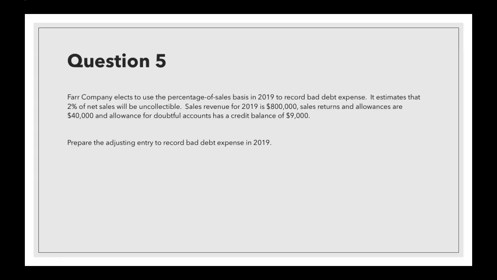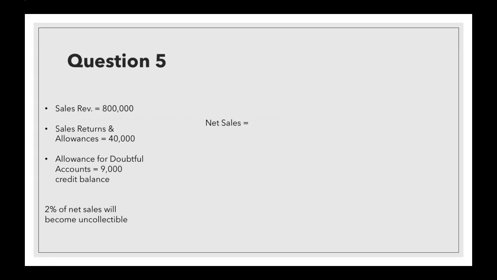So before we can work through that adjusting entry, we need to figure out the estimated amount that will become uncollectible, right? So that's 2% of net sales. So we need to find our net sales. Your net sales will be your sales revenue minus your returns and allowances in this case, right? So 800,000 minus our 40,000 gives us our net sales amount of $760,000.